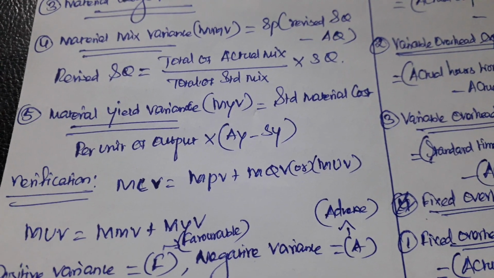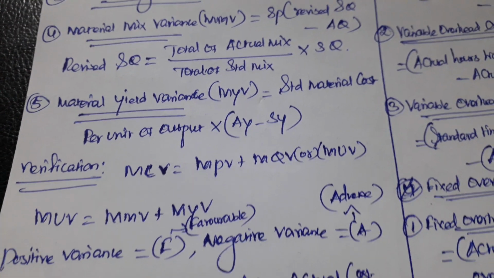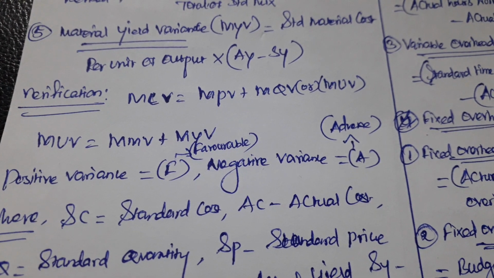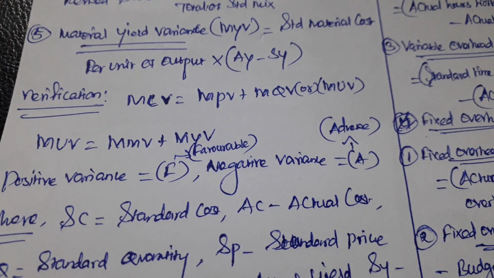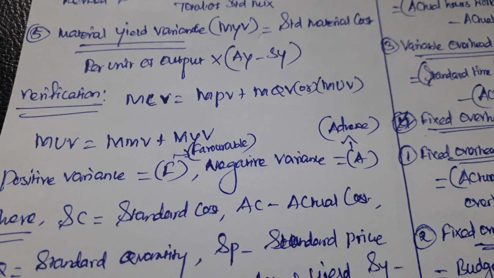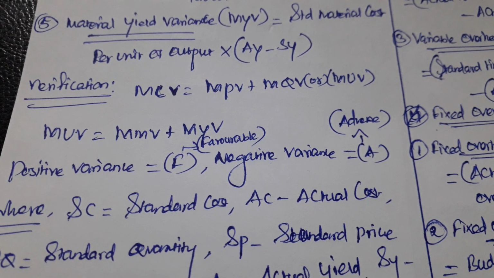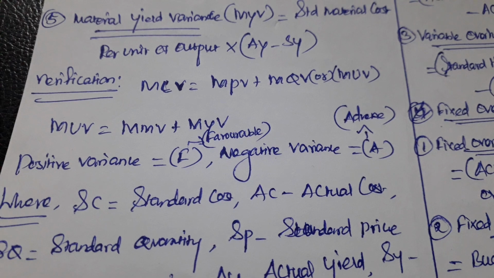After that, we can verify these formulas through the following equations. The first one is the material cost variance equal to material price variance plus material quantity variance, or the material usage variance. Next, material usage variance equals material mix variance plus material yield variance.